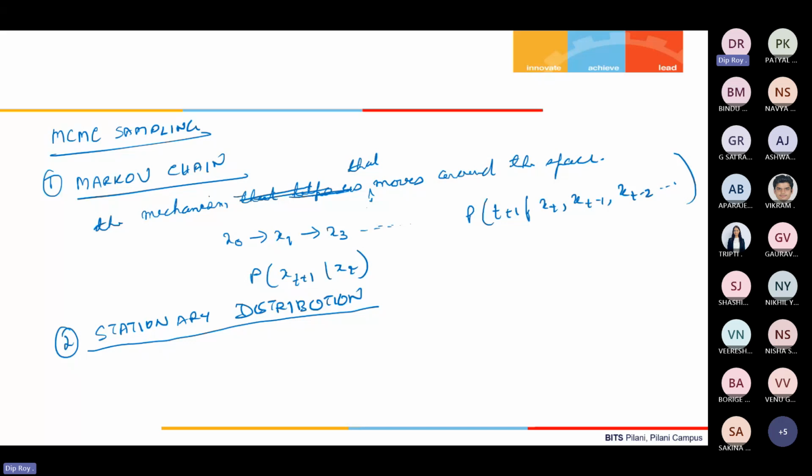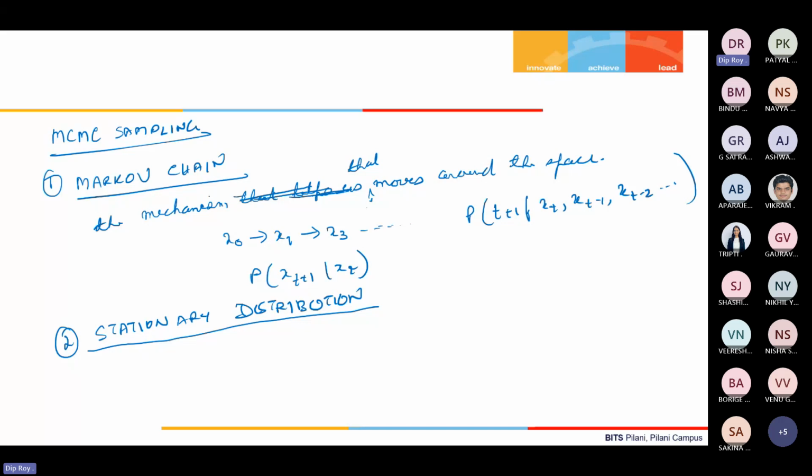When you go via the Markov chain, or any chain of events or states, the stationary distribution describes where the chain spends its time in the long run.